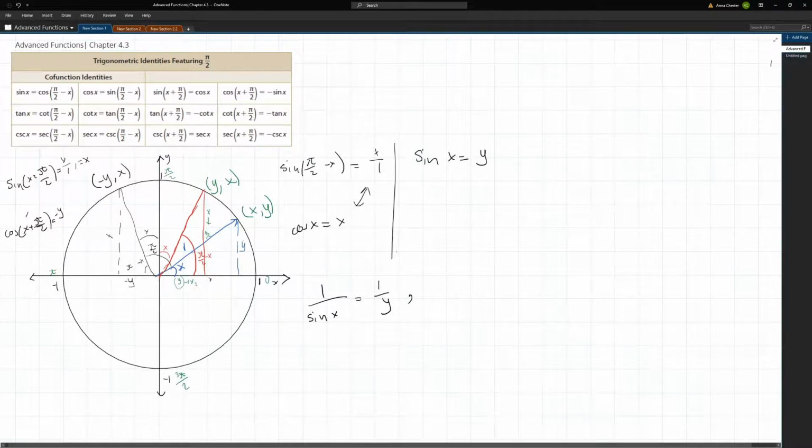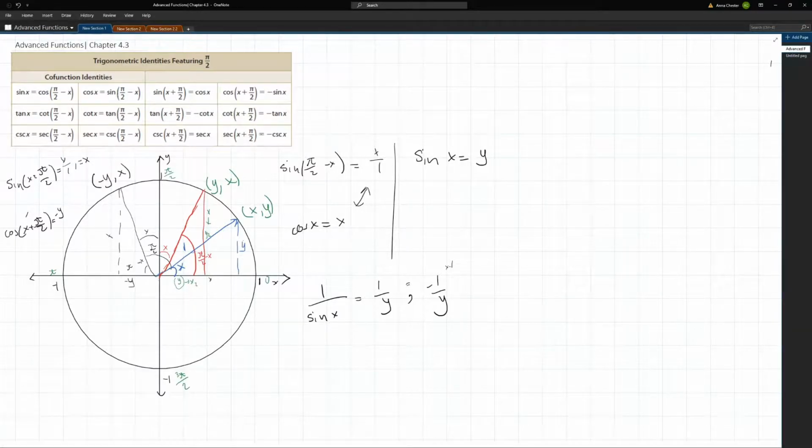The secant of x plus pi over 2 is equal to 1 over cos of x plus pi over 2, which we have over here, which means it's -1 over y. Since this is negative and this was positive, we are safe to say that these are identical, just this one was multiplied by -1, therefore that's the identity we get here.